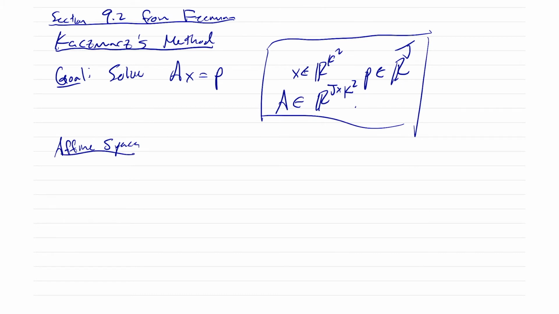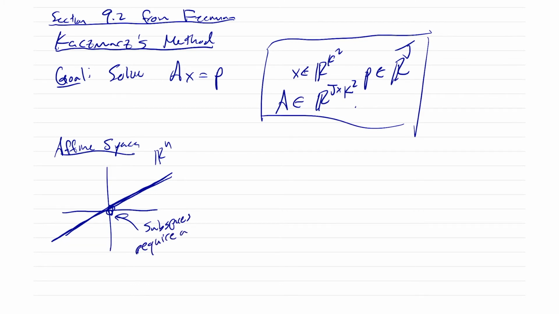So recall, if you have a linear subspace of R^n, subspaces require a zero vector.